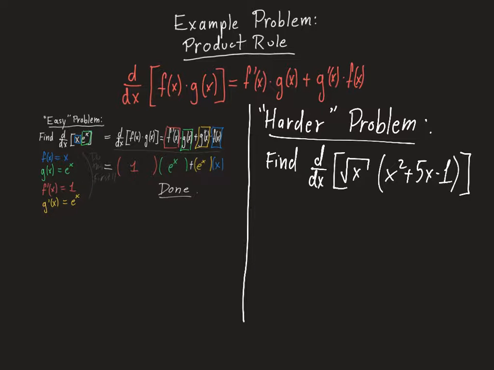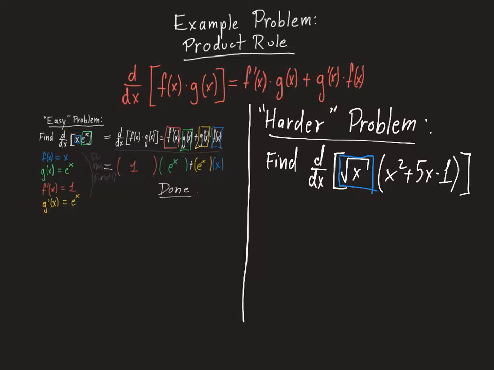Okay. So once again, how do we know that we need the product rule for this problem? Well, first off, we immediately see that we are working with two different functions. I'm going to color code these in the same way that I did before. In the first position in blue, we have the function square root of x. That's going to be the function we're going to call f here.